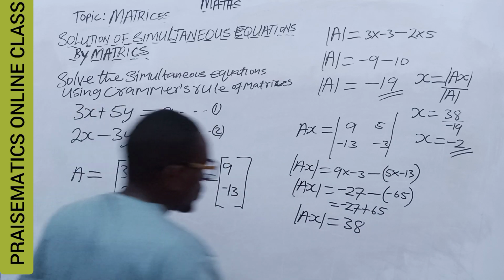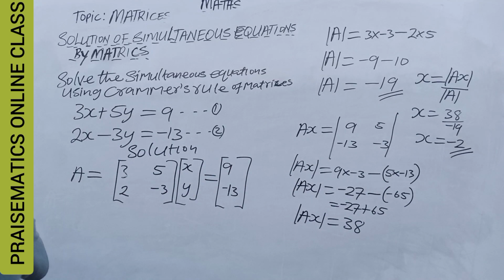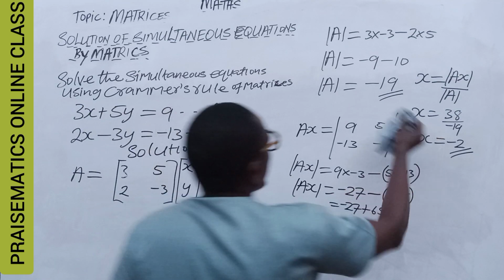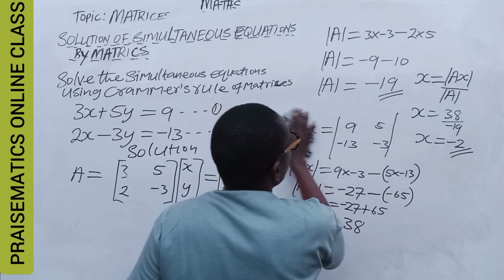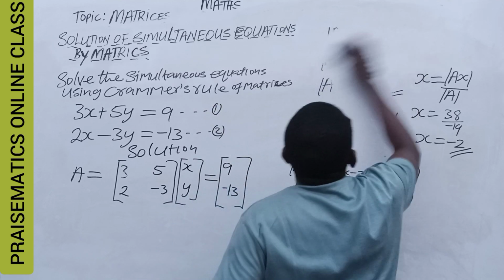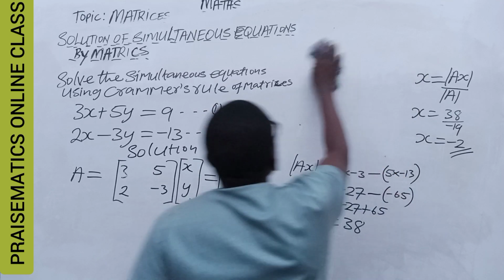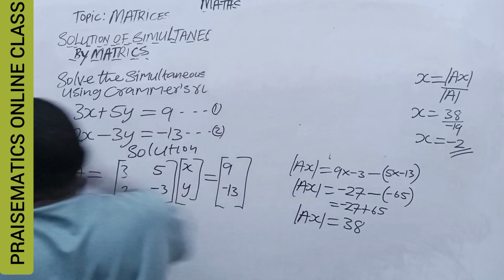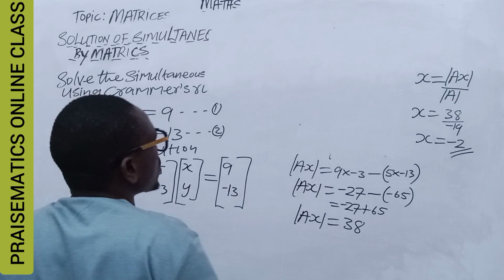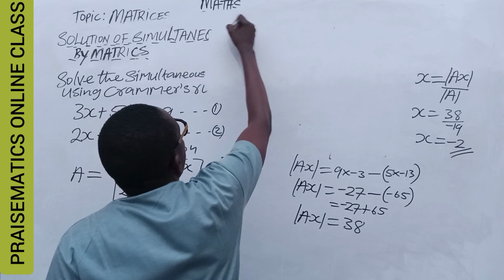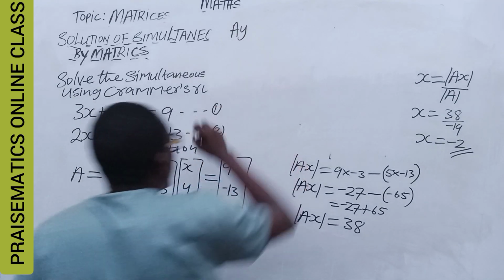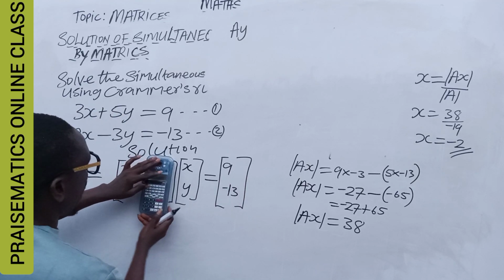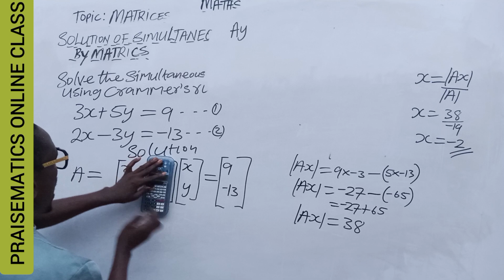Okay, now let's continue. Our X is -2. Now we want to get AY. From this place, you block the Y column. And what do we have?